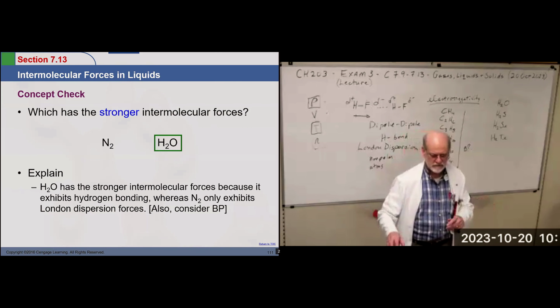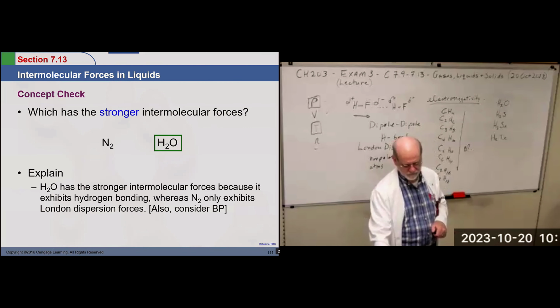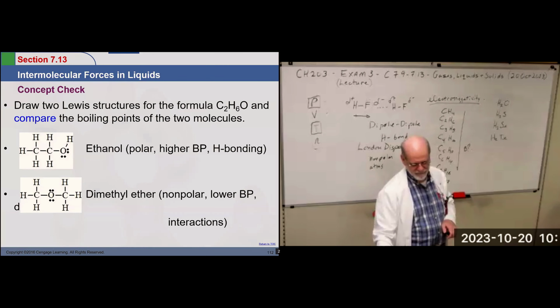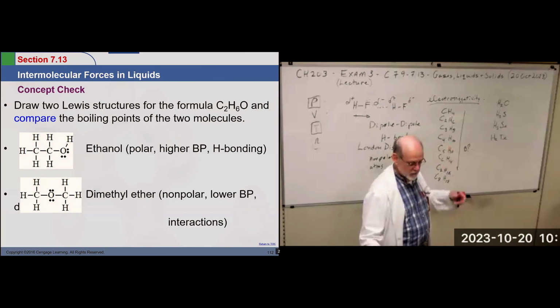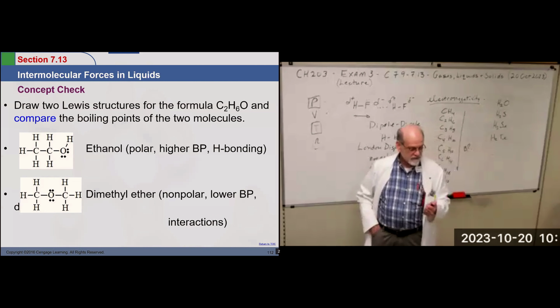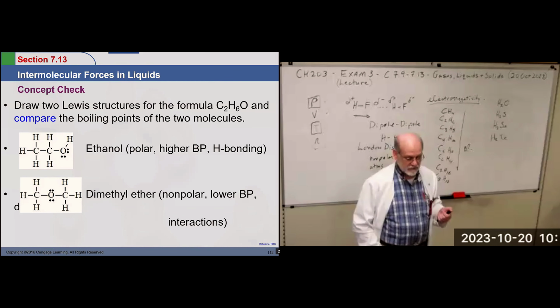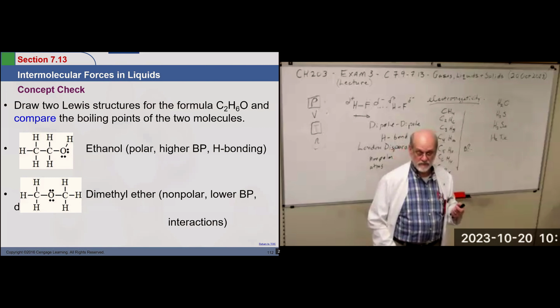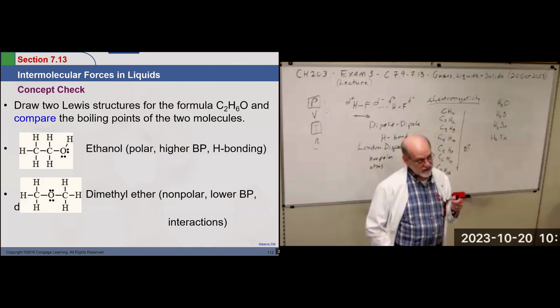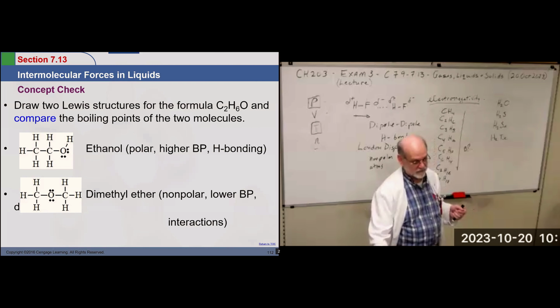Just water, nothing else. Oh, there's the example I gave you earlier. Ethanol versus dimethyl ether. Ethanol has a relatively high boiling point because it has hydrogen bonding available, whereas dimethyl ether does not. It's a nonpolar molecule with very low boiling point.